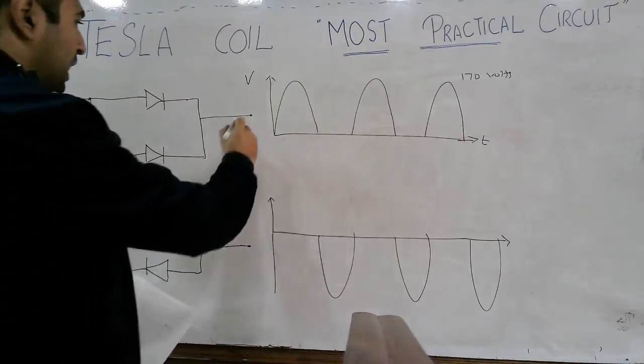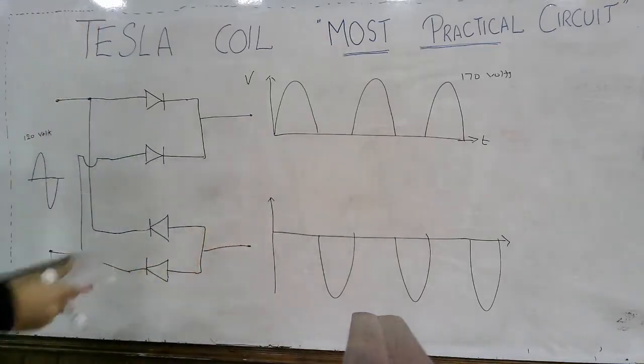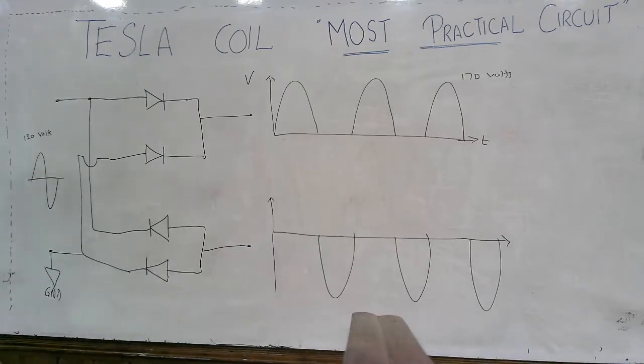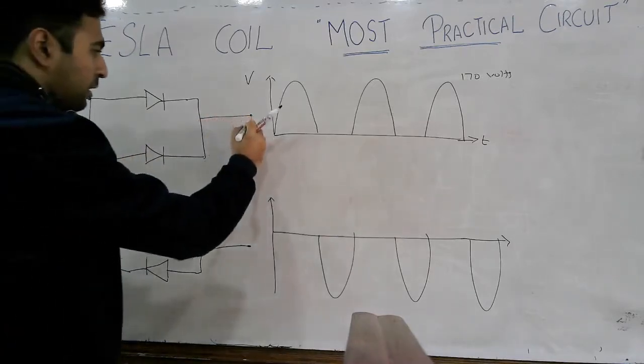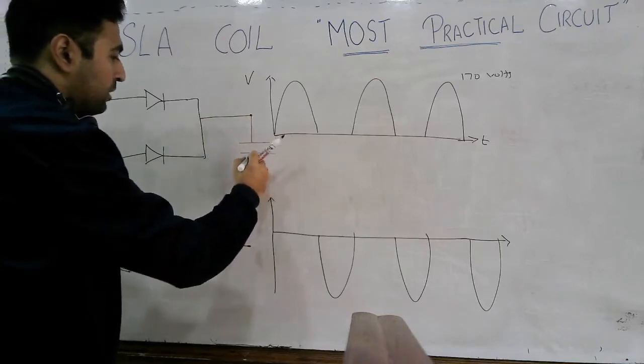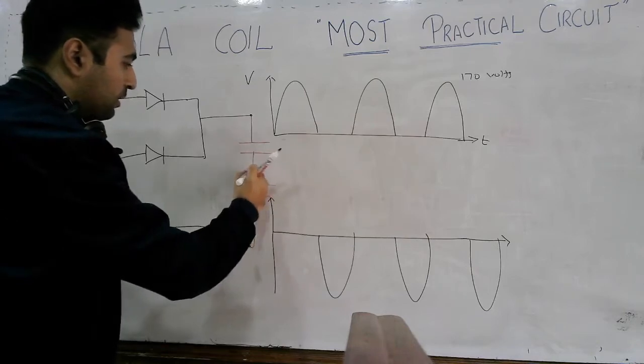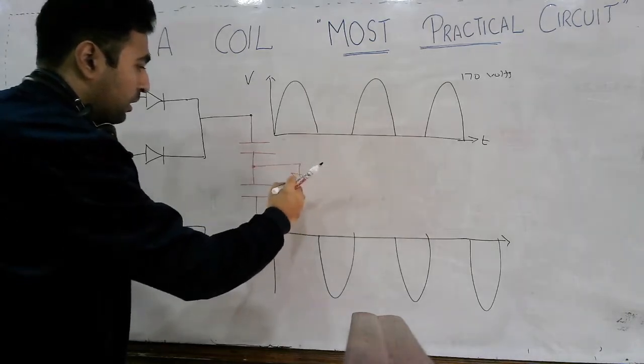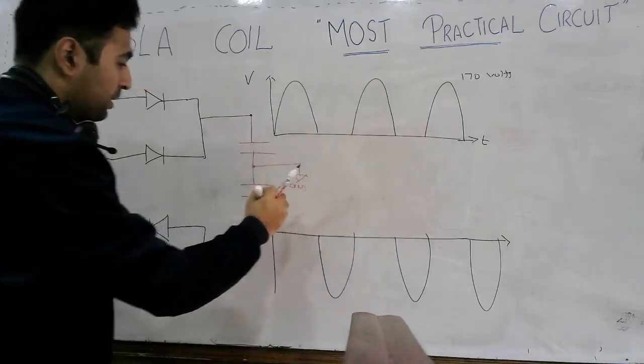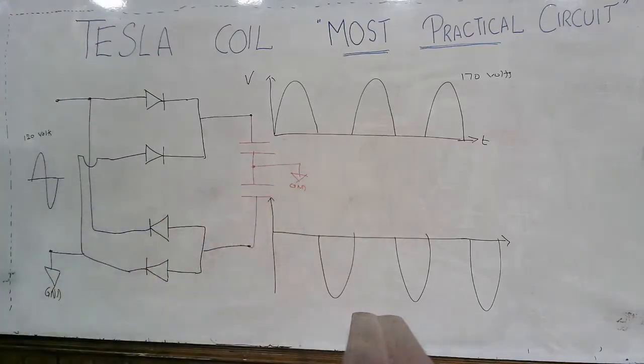Now what if we just add capacitors here? We add two capacitors here and provide the ground reference here as well, one here and one here.